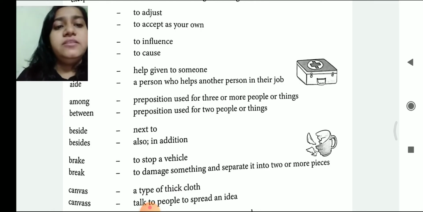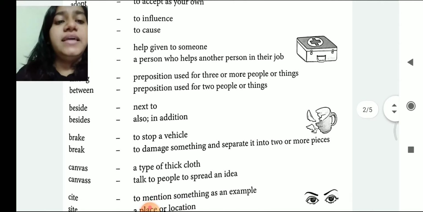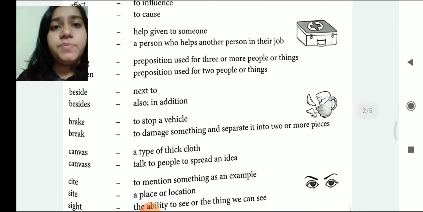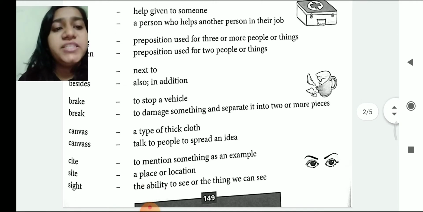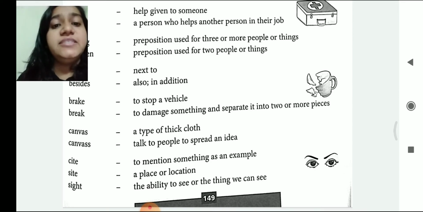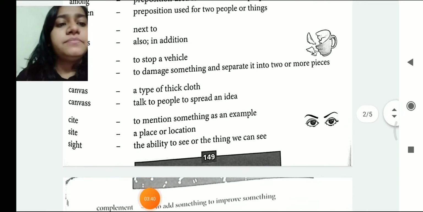BRAKE, brake, that is to stop the vehicle, and BREAK, break, that means to damage something. CANVAS, canvas, that is a type of thick cloth, and canvass, that means to talk to some people to spread some idea. CITE, cite, that means to mention something as an example. SITE, site, that is place or location, and SIGHT, sight, that is the ability to see something.